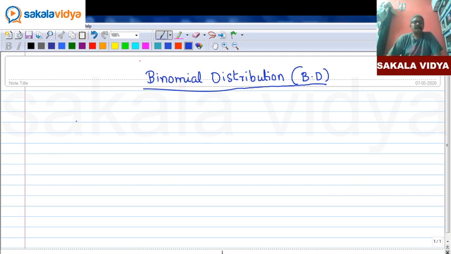Binomial distribution is also a random variable, a discrete random variable, but it follows some properties. In binomial distribution we have two parameters, generally called the parameters of a binomial distribution, n comma p, where p plus q is equal to 1.